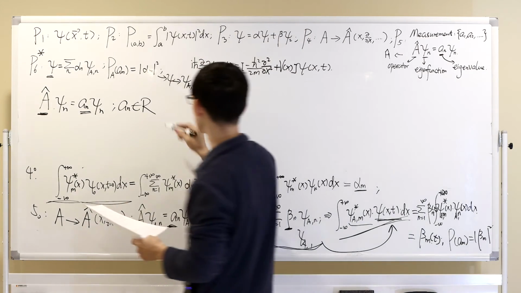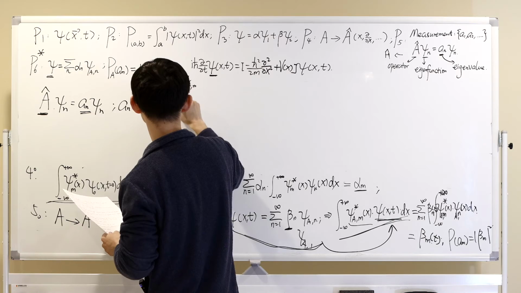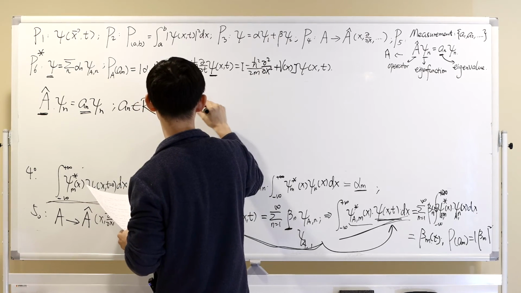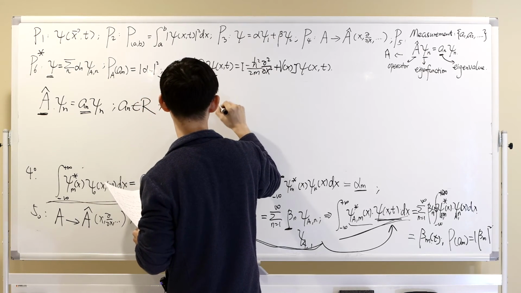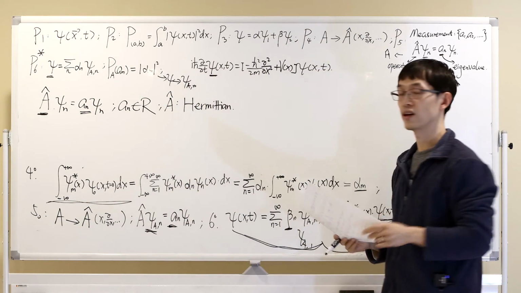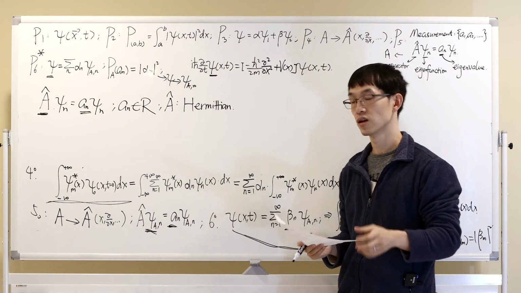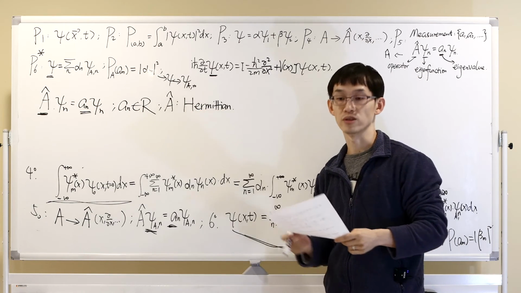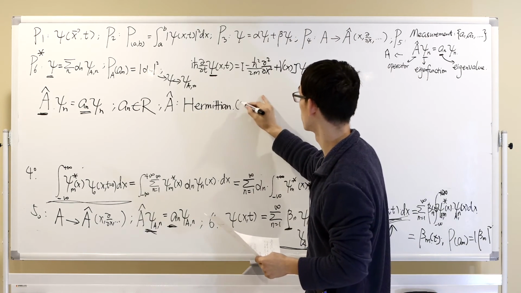The short conclusion is that the operator of any measurable physical quantity has to be a Hermitian operator or self-adjoint operator.